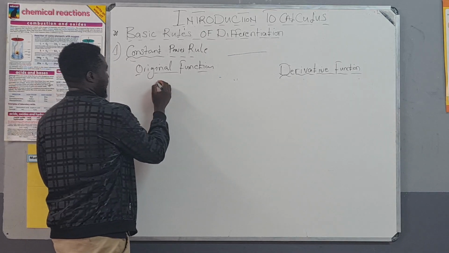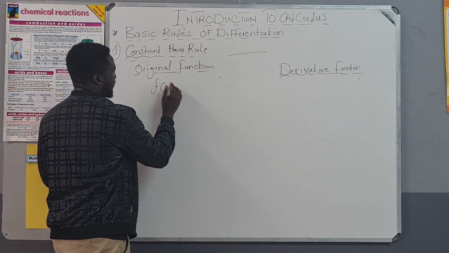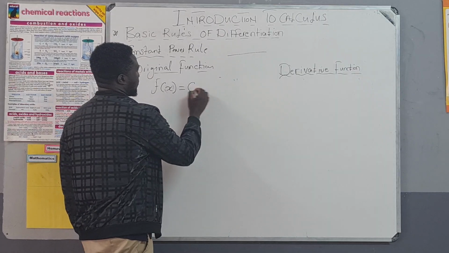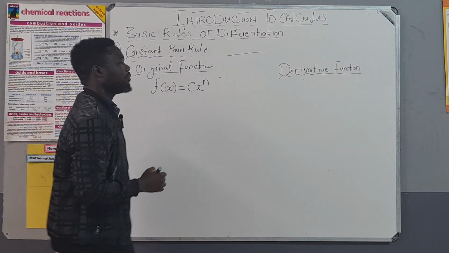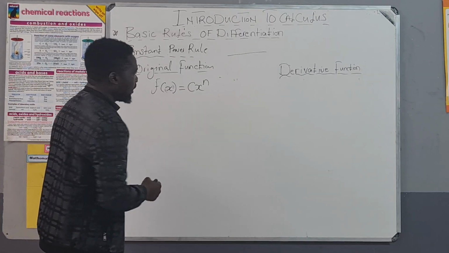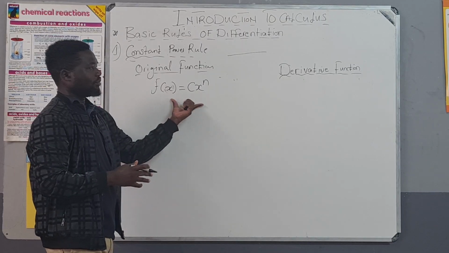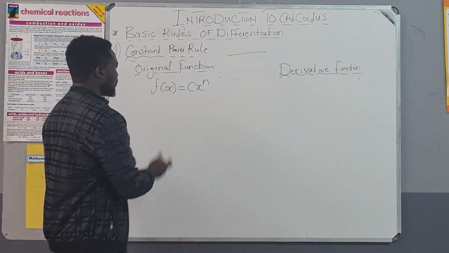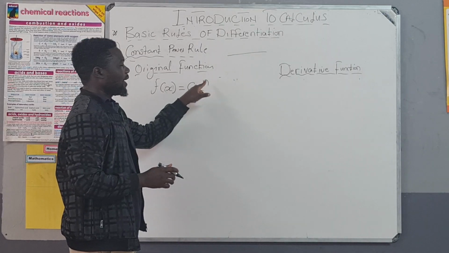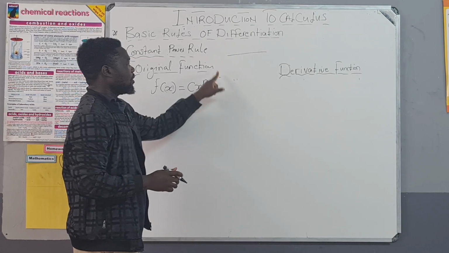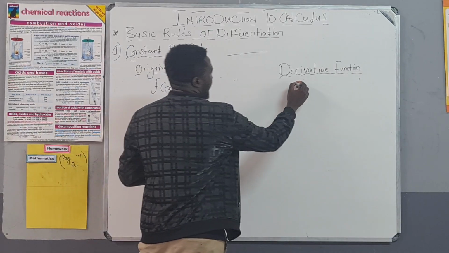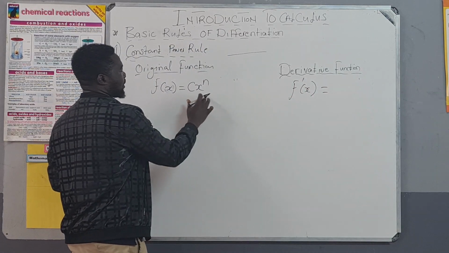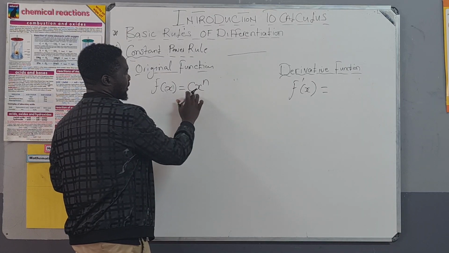The constant power rule states like this. If we have the original function f of x equals cx to the power n, and they ask you to find the derivative function of this original function, what you do is you multiply the index n by the coefficient, and then you minus 1 from the index.